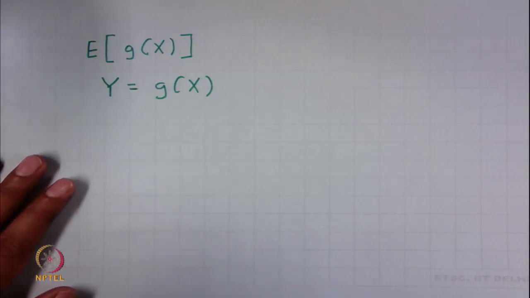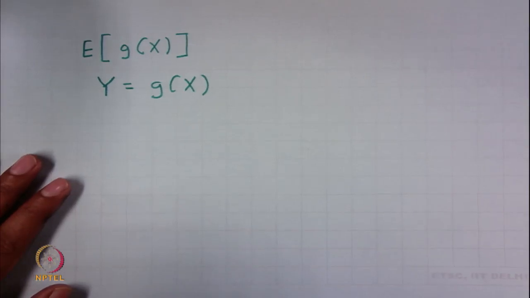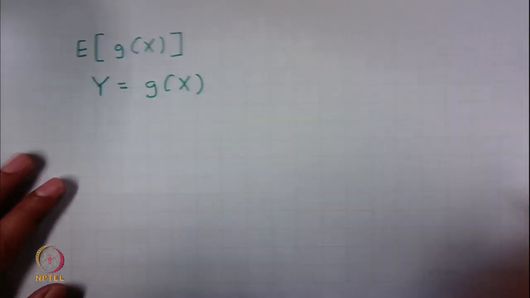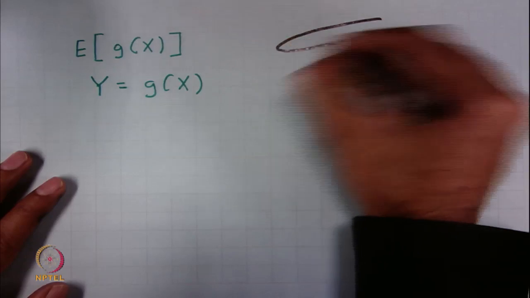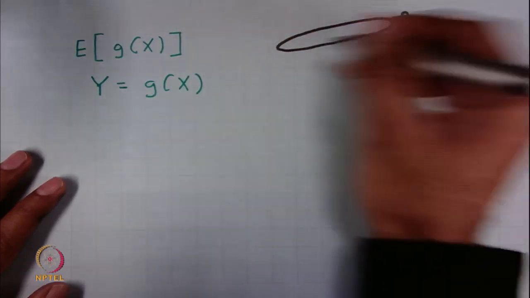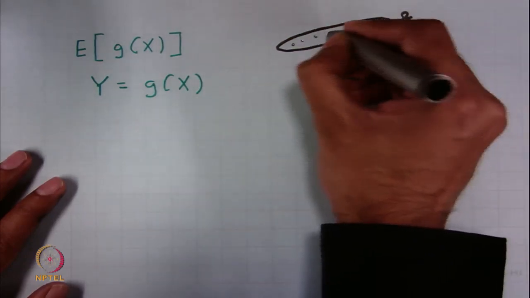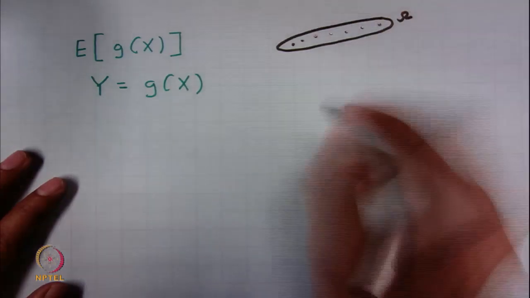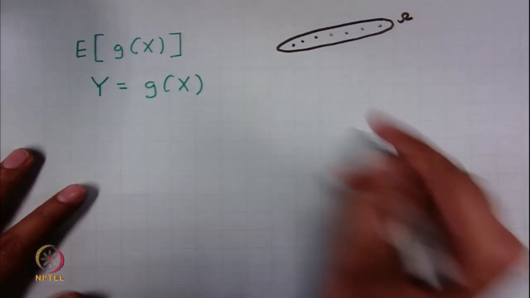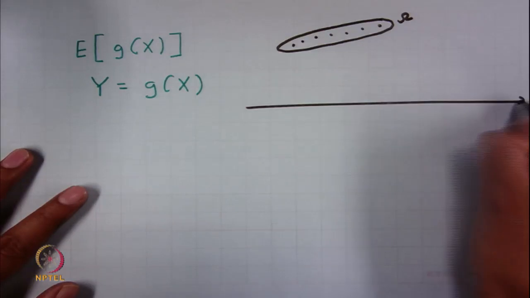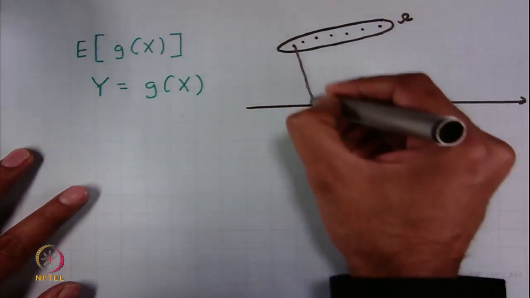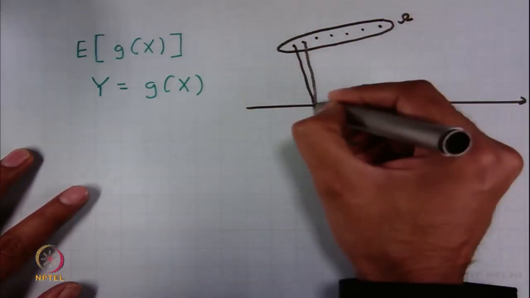Okay. Let us understand this pictorially, and to understand pictorially we start with our sample space. We put in some dots which denote the outcomes of the experiment, and then I have a real line, and then I map these outcomes to some numerical values.